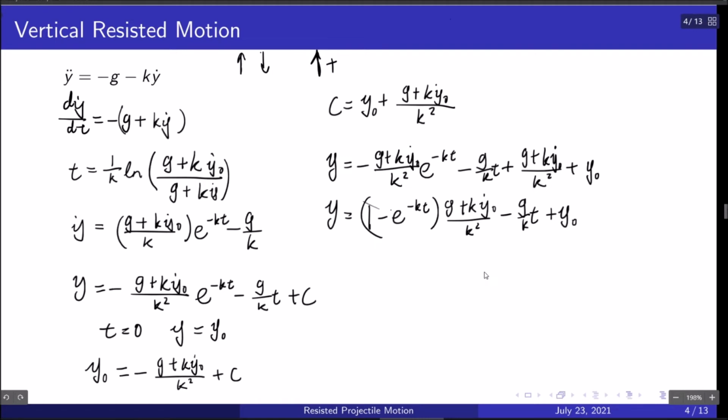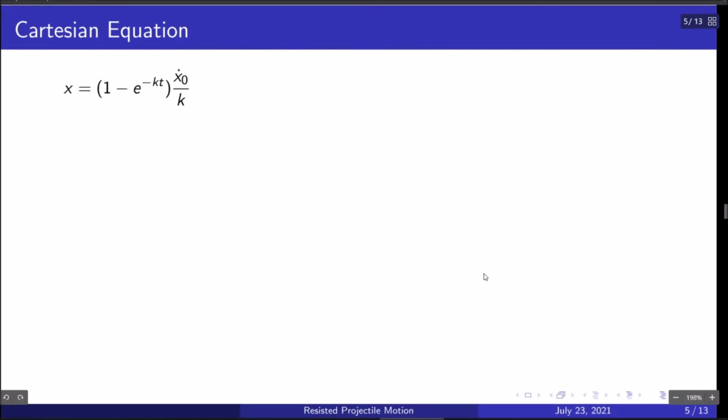Okay, now, for the Cartesian equation, it's going to be a huge beast. So what we have to do is, obviously, this is our equation for horizontal motion. So I have to rearrange everything to make t the subject.